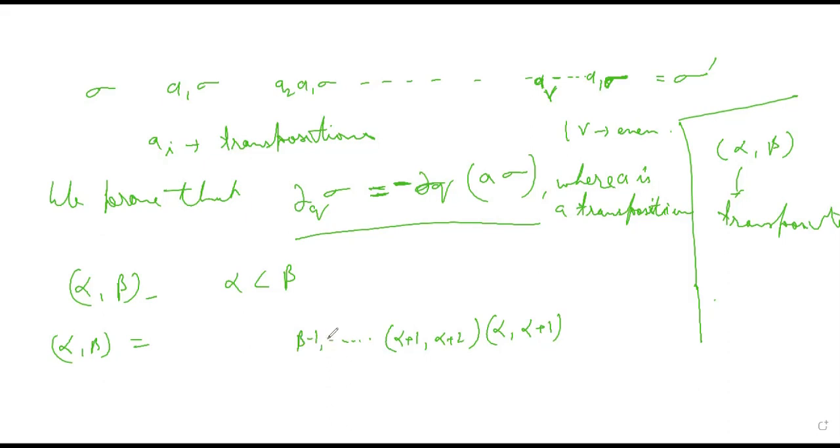Then again you apply beta minus 2, beta minus 1, and you continue like this until you have alpha plus 1.